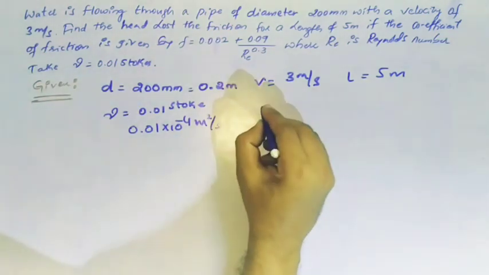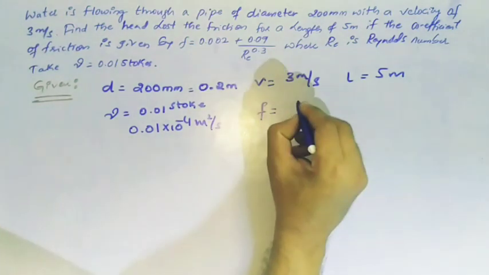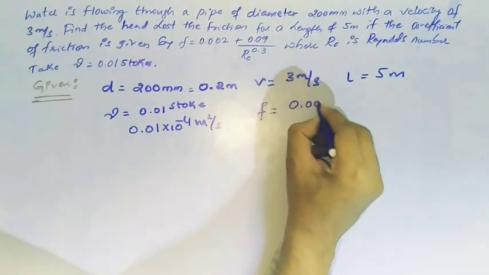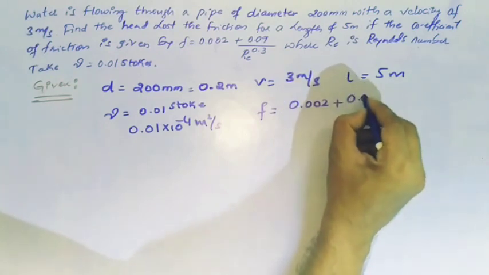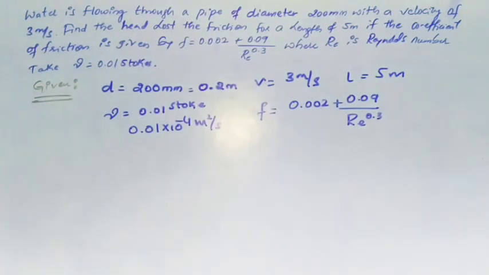Now one more very important thing, that is f, the coefficient of friction. It is given in equation form, that is 0.002 plus 0.09 divided by Re raised to 0.3. It is given in terms of Re.